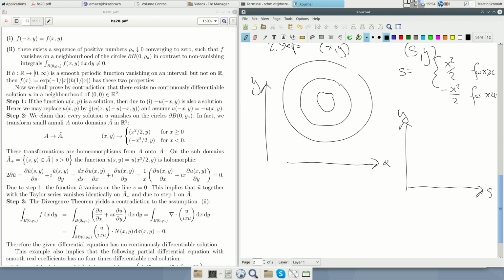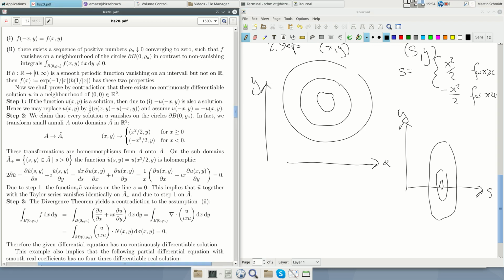So we contract this direction, so it will look like ellipses. Okay, so we just stretch this.